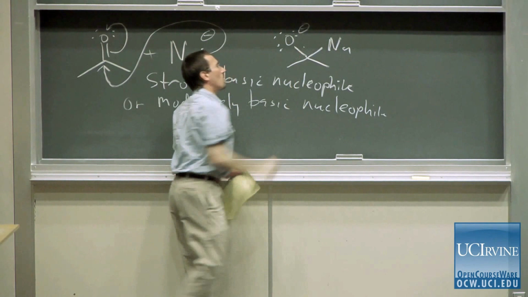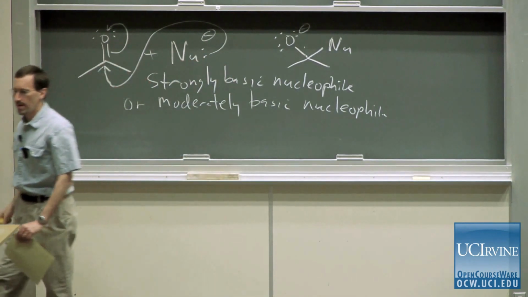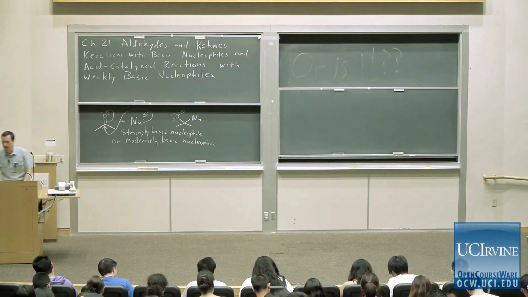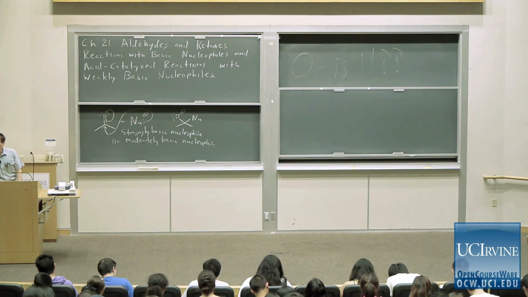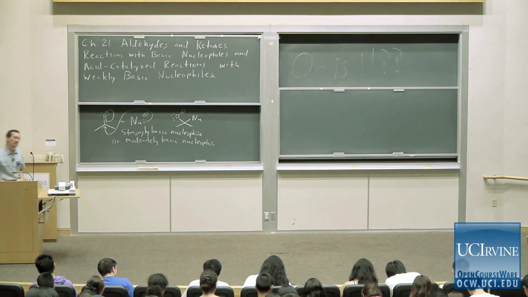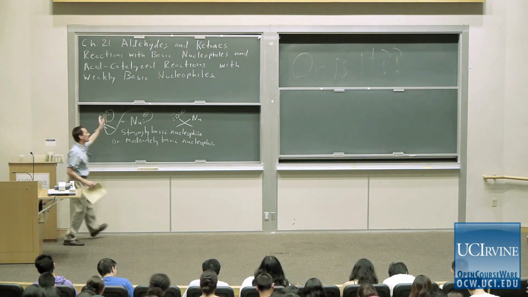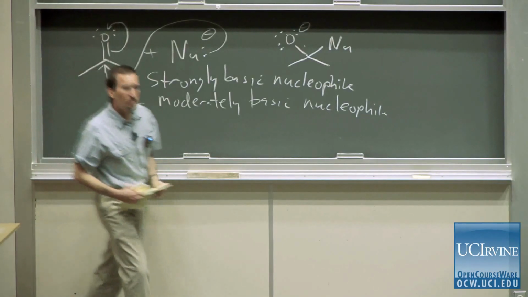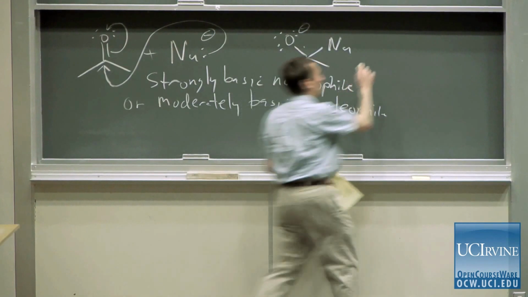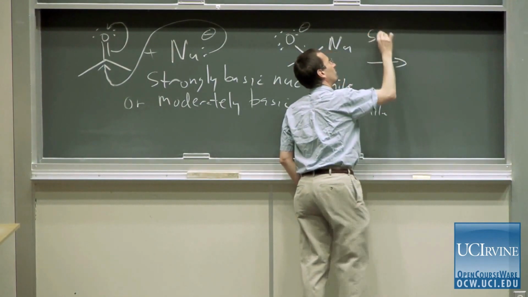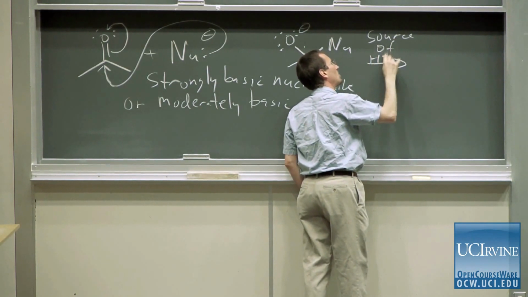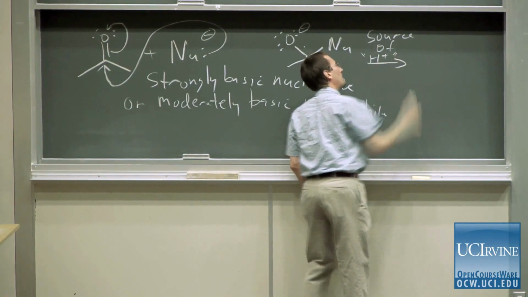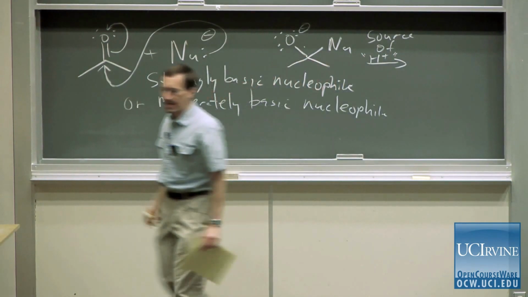I'll write that as O-. We have 3 lone pairs of electrons around the oxygen. And in very, very generic terms, because we're going to see a lot of variations of this, if we have some source of H+, and remember, of course, I'm going to put it in quotes because you don't have naked H+.